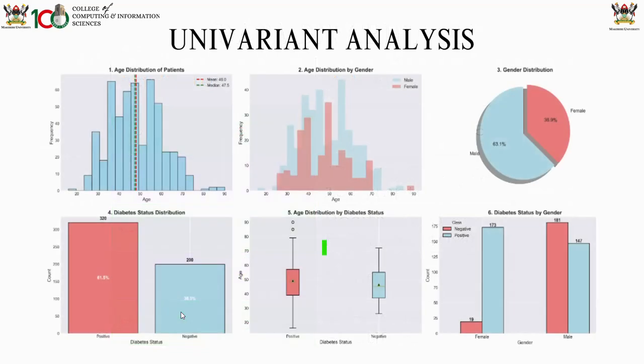Now let's look at the univariate analysis. Now we are under EDA, that's exploratory data analysis, where we get to see the distribution and how these features contribute to diabetes. We took a look at age, where we saw that age almost has a normal distribution with diabetes. Sometimes you find that the distribution is left skewed, or sometimes right skewed.